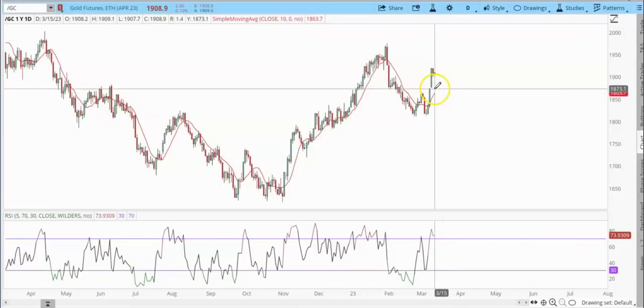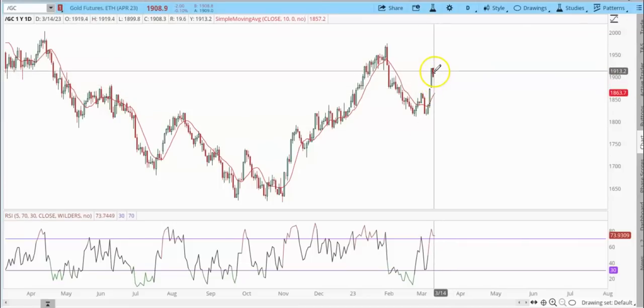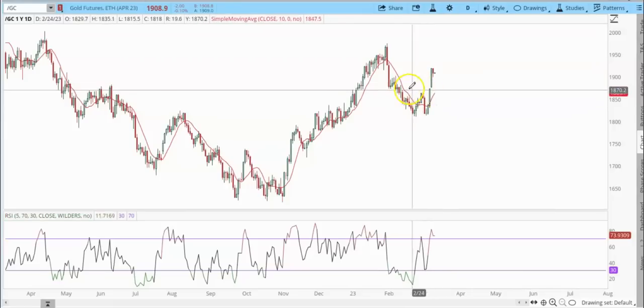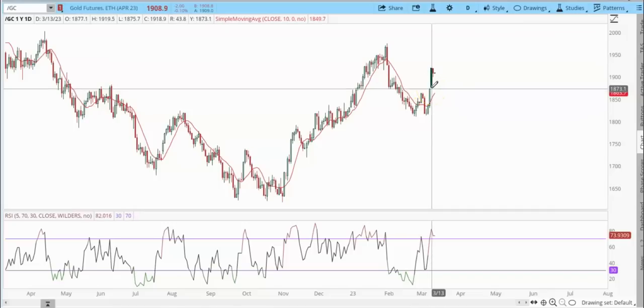So on Monday, when I started to see this follow-through here, that was the indication, along with the collapse of SVB and I think Signature Bank in New York. That was the bell ringing that I needed to switch gears.